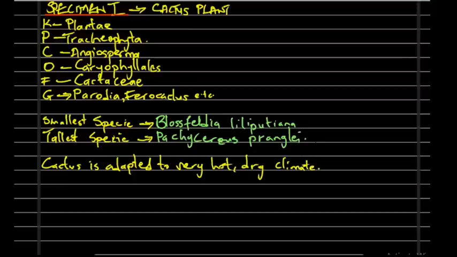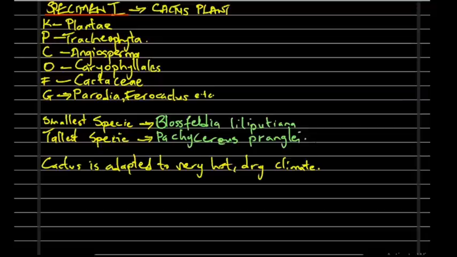Now I will talk about xerophytes in a few minutes from now. So I said that they are adapted to hot and dry climates, and they possess spines. The spines are produced from specialized structures called the areoles.